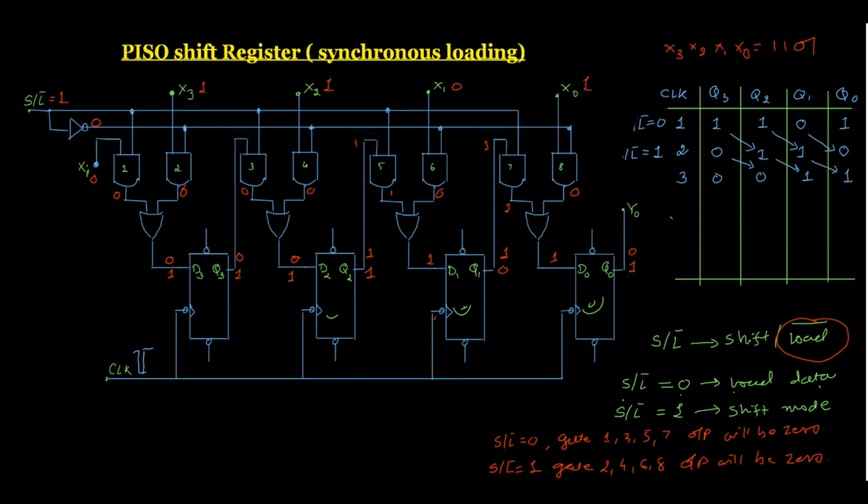So in this way the data is going to be shifted. When we apply the fourth clock pulse, then the Q3 will be 0 and this is going to be transferred into Q2.